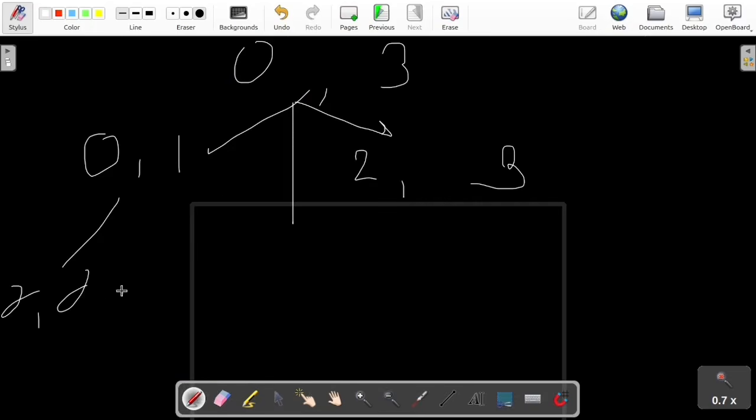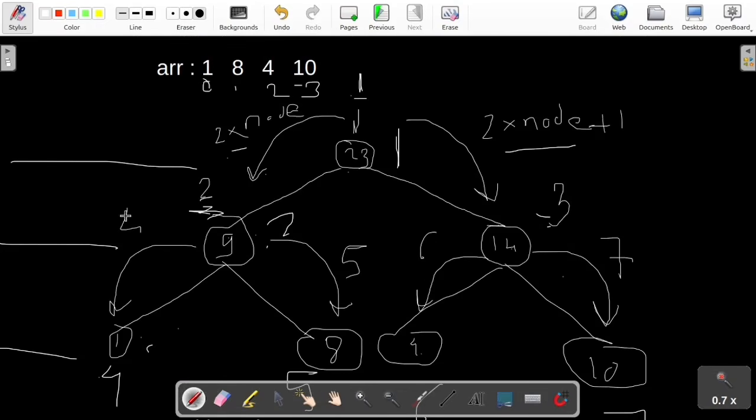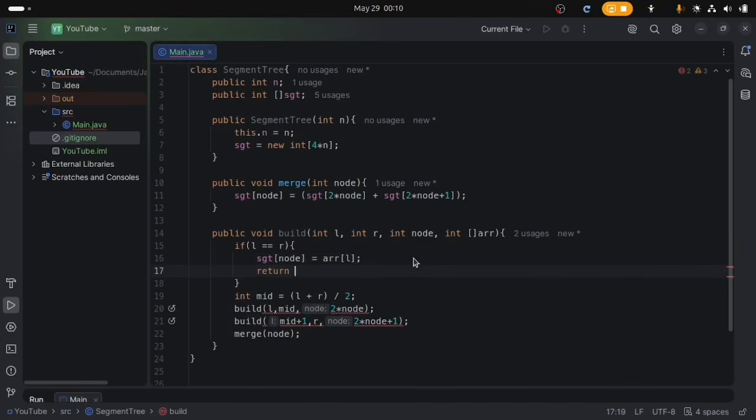Because when L and R become equal, 0, 0, and 0 is denoting the element which is stored. Okay, then return. We need to pass array over here. Okay, so this is a build function.